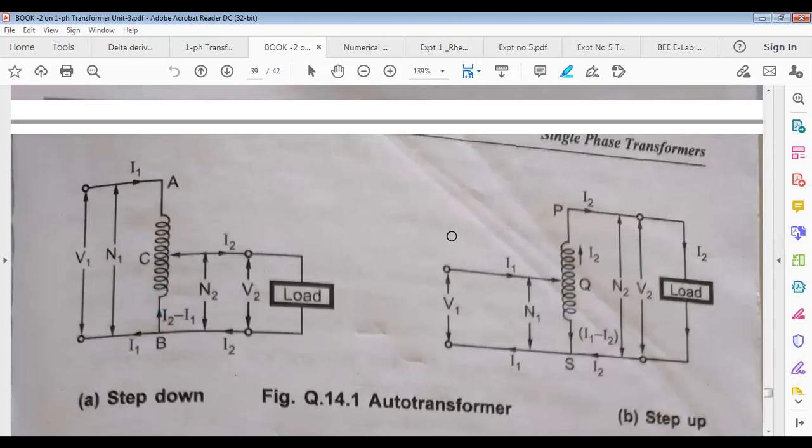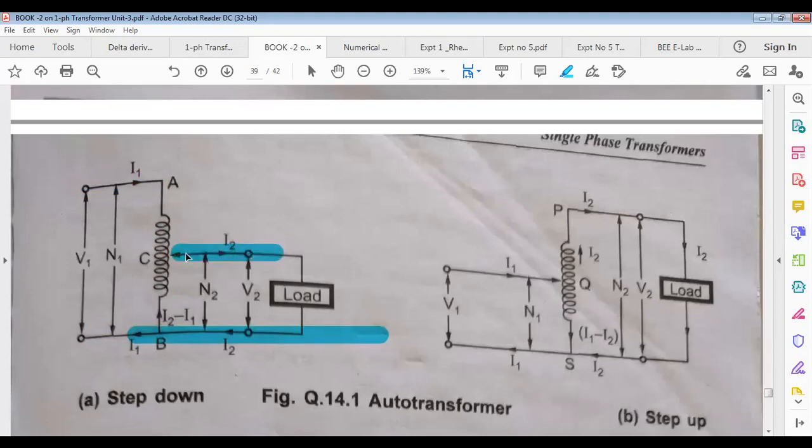Now here what is done? This is the input voltage which is fixed here, and these are the two input terminals. Here you apply single phase AC voltage 220 volt. So a fixed voltage you are going to apply across all the turns. Now from where is the output tapped? From the lower one fixed and one variable point is there. The auto transformer has one variable point.